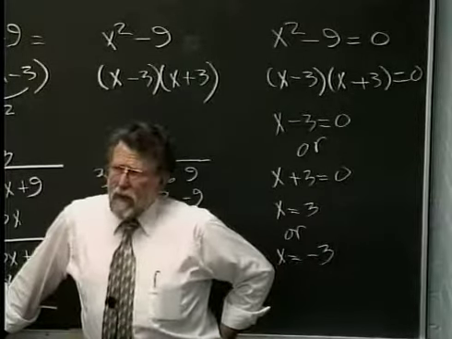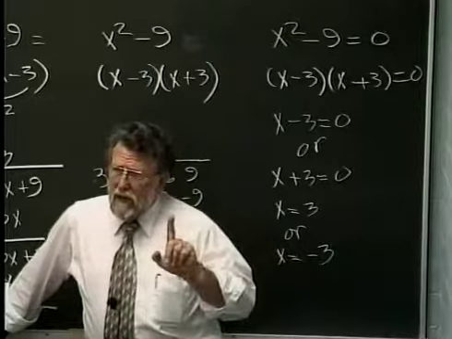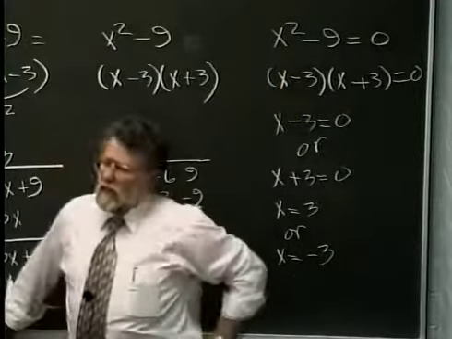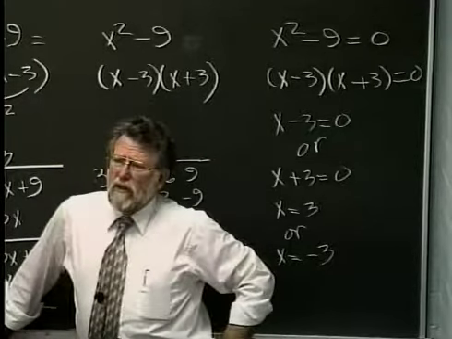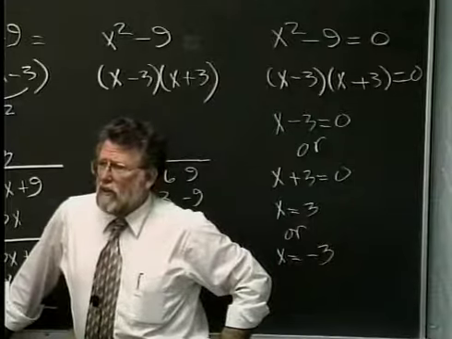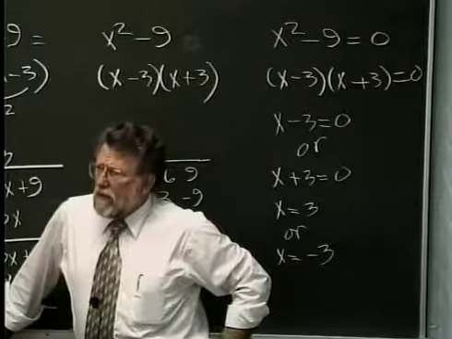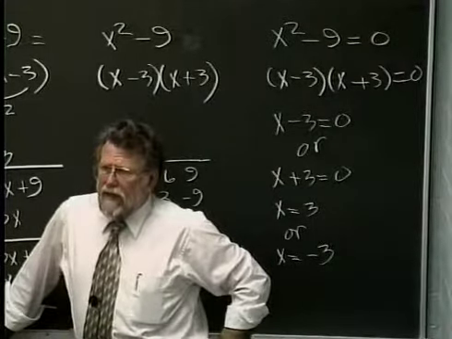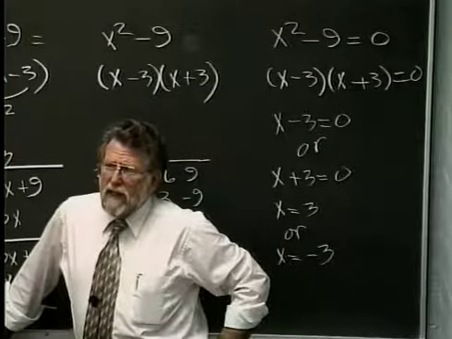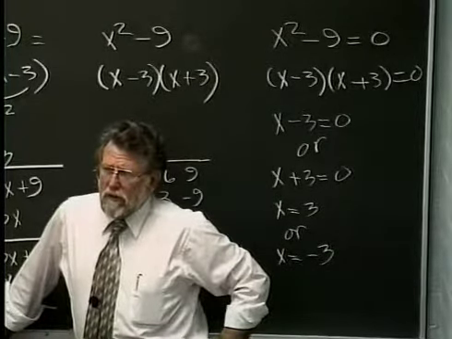The idea that a linear equation in one variable gave you one solution, a second degree equation in one variable gives you two solutions. The obvious question, are you guaranteed anytime you see a second degree equation in one variable, are you guaranteed two solutions? And the answer to that is not in the real numbers.